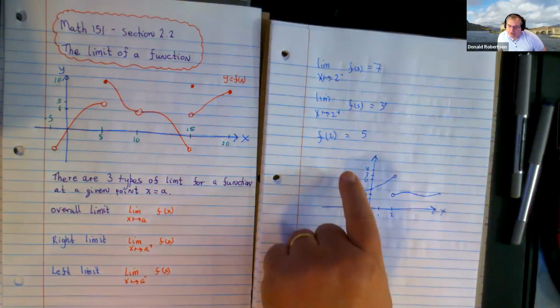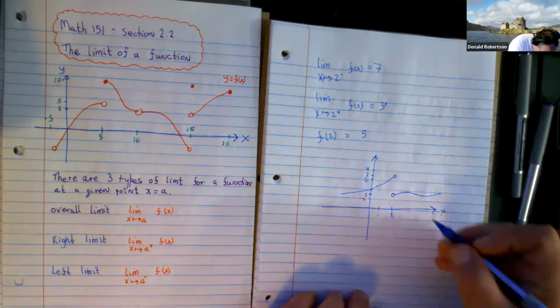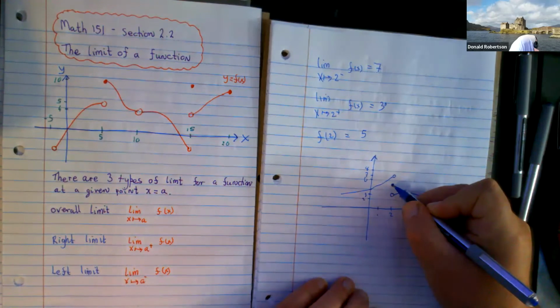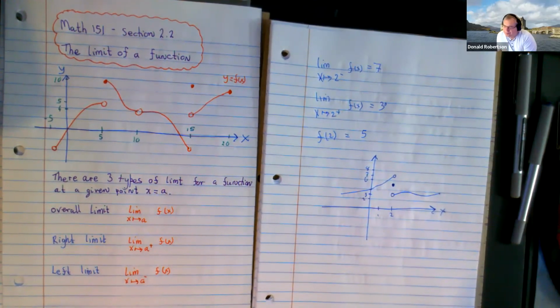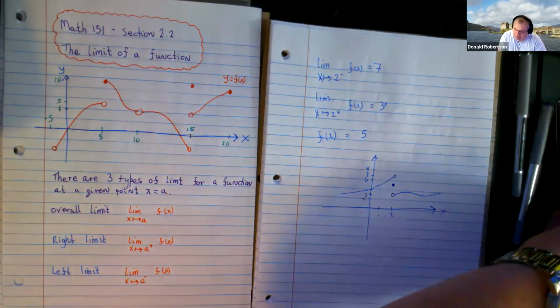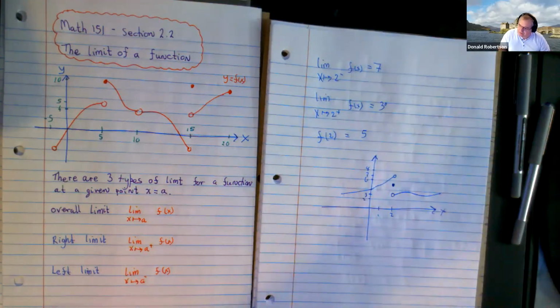And the value of the function is 5, which is about here. And then what you do in WebAssign is they give you 4 pictures, and one of them should sort of have the same features. It might not be exactly the same. Couldn't we do slightly different versions?